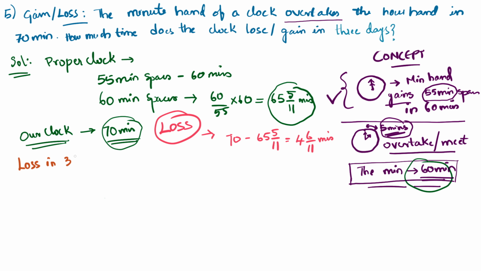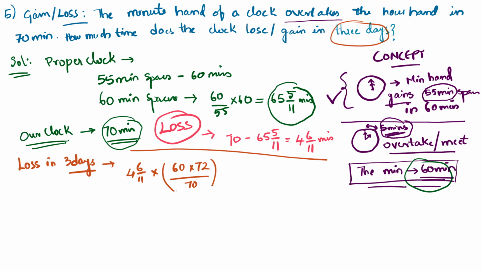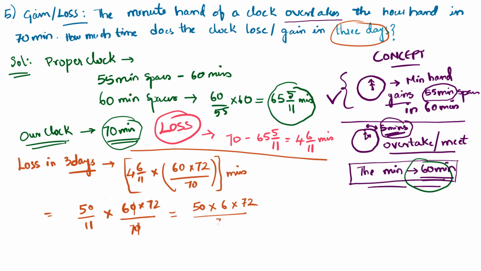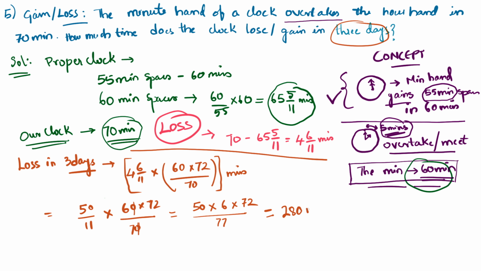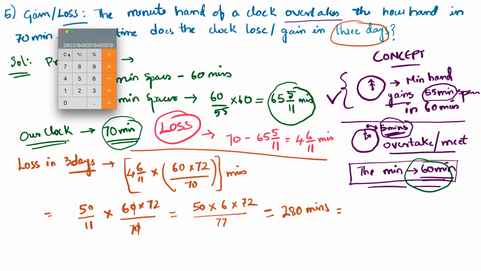So now to find out the loss of our clock in 3 whole days, we multiply 4 6 by 11 with 60 minutes an hour into 72 hours in 3 days by 70 minutes, because the loss is for 70 minutes. That gives us, I am going to use a little bit of calculator, approximately 280 minutes, which is 4 hours 40 minutes.